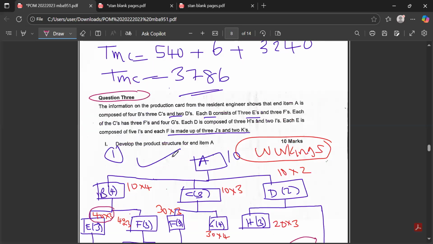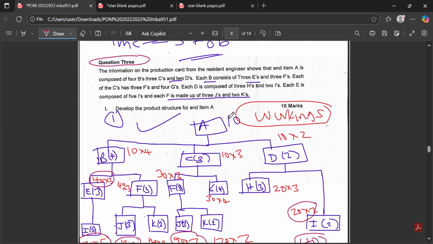The first part was to draw the product structure tree for the information given in the question. So A item was composed of 4 B's, 3 C's and 2 D's, just a recap. And each B consists of 3 E's and 3 F's. And of course, each C is composed of 3 F's and 4 G's, as can be seen.